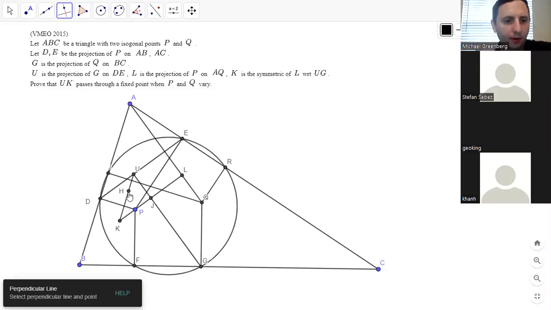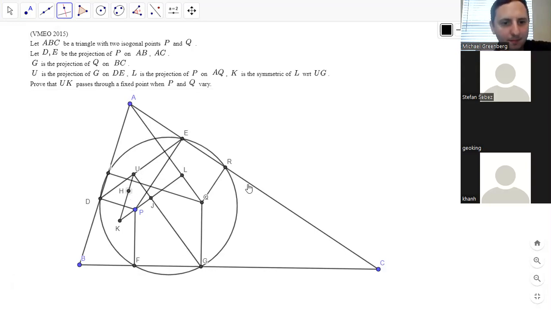Let's try out some stuff. So, yeah, what property do we want to use about point H?